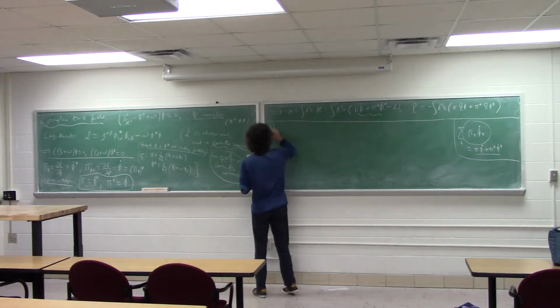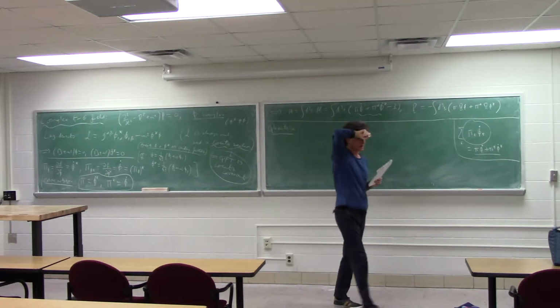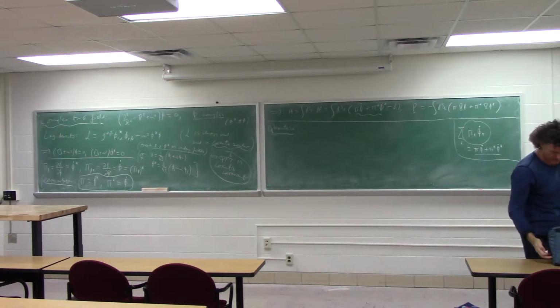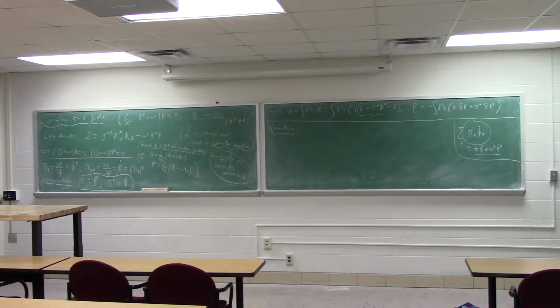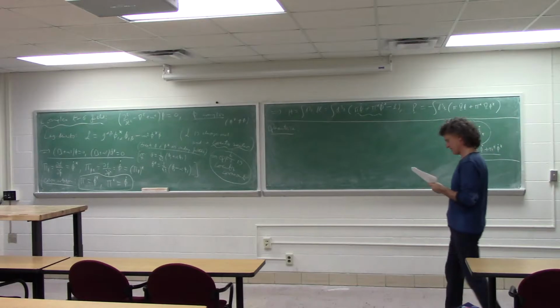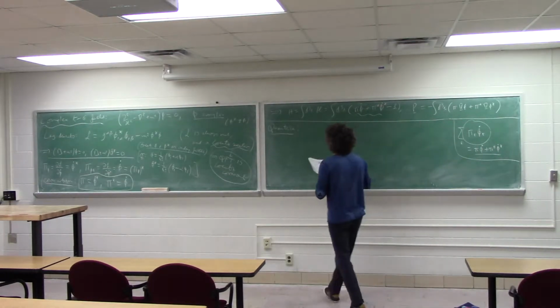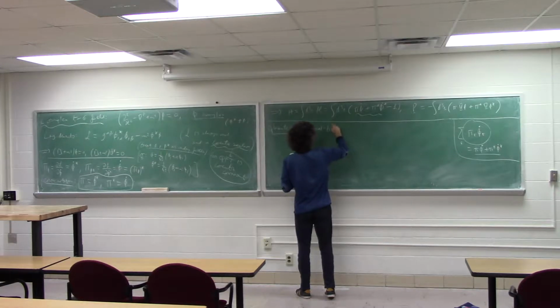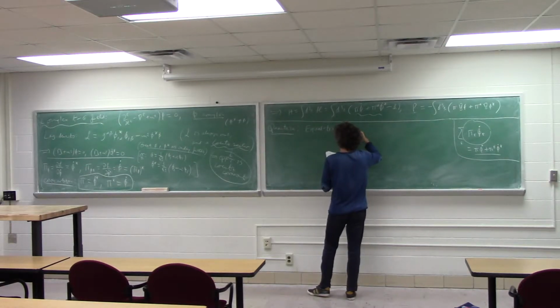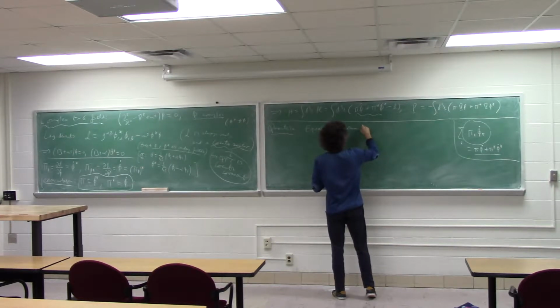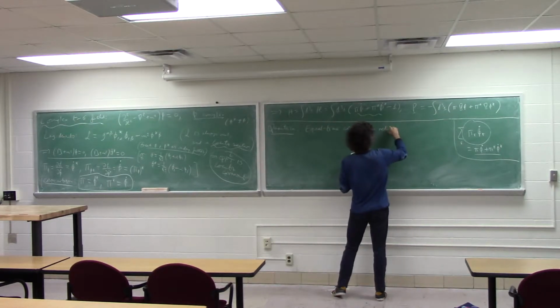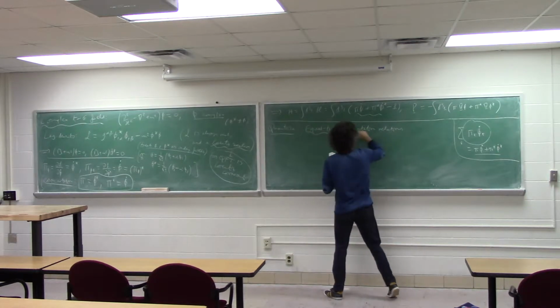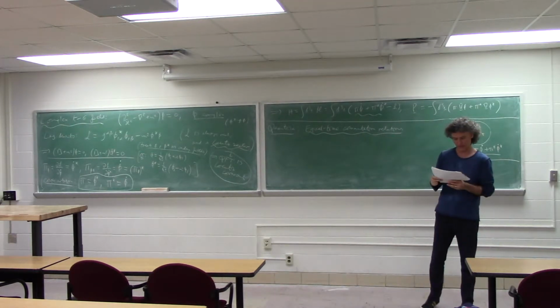Now we quantize. So to quantize this theory, we have to write down the equal time commutation relations.